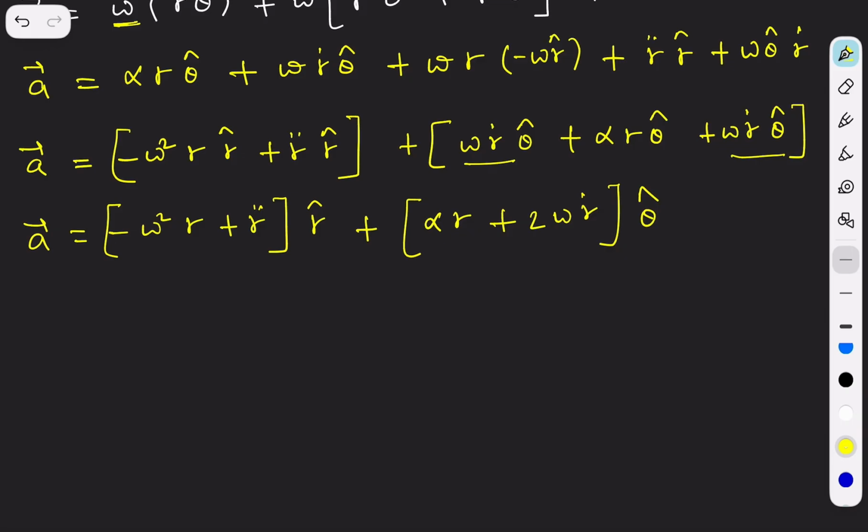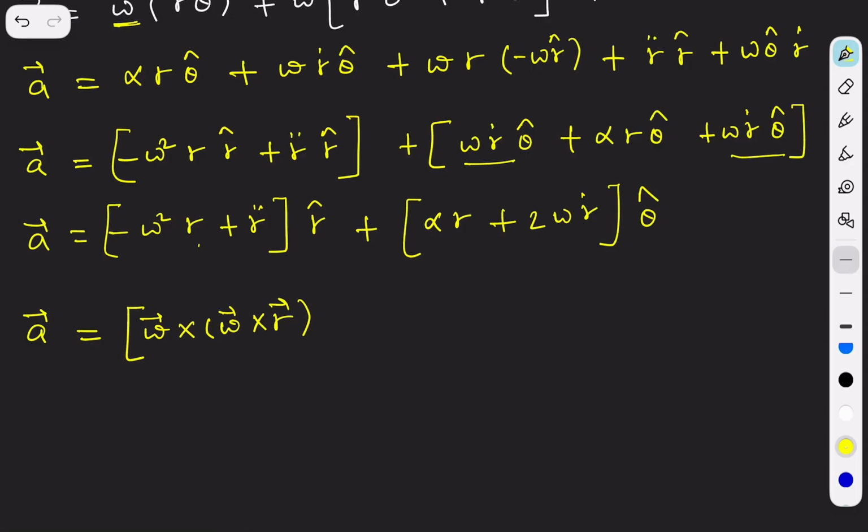So the a vector finally will become this: minus omega square r r cap can be written as omega vector cross omega cross r. You can check also if you want to. That is the first thing.